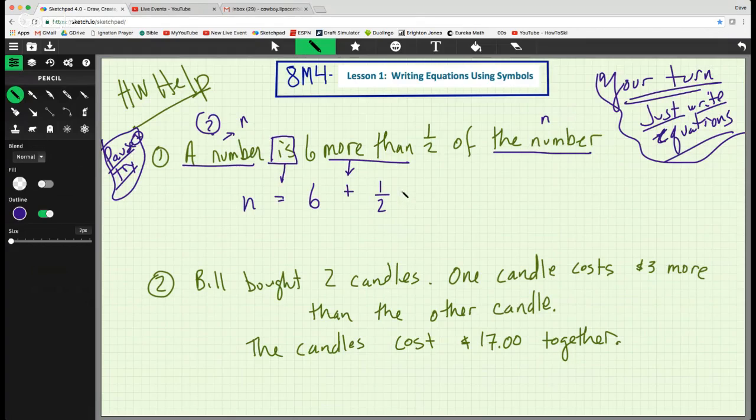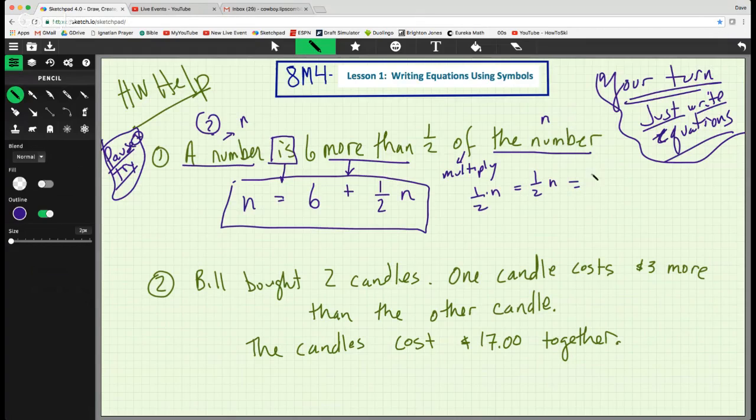Half times n. Remember, of means multiply. So half of a number is half times n, which is just half n. If you wrote n over 2, that would be fine. You could have written n equals 6 plus n over 2. That's fine. So good. All right.